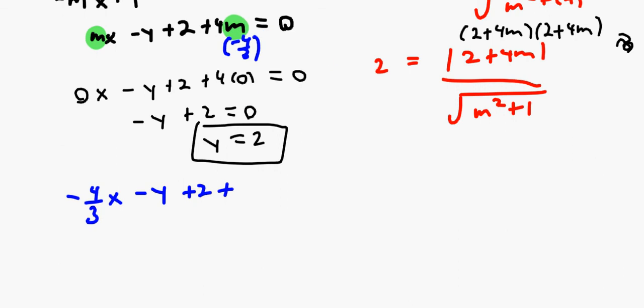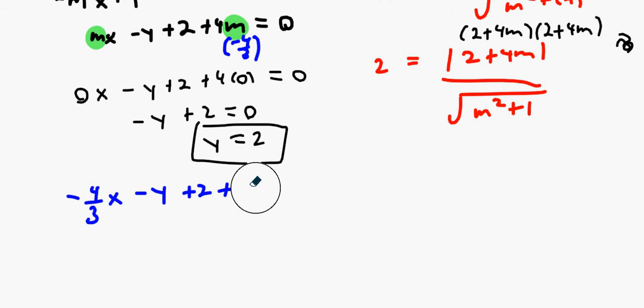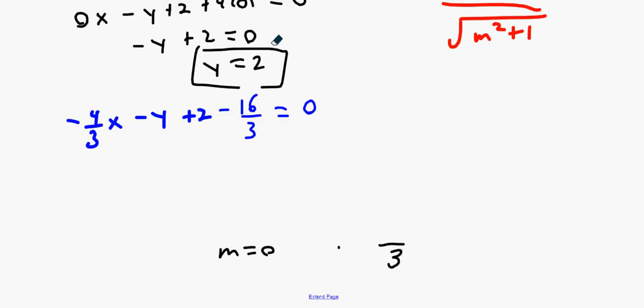Is minus 16 over 3. Minus 16 over 3 plus 2. Okay. Give everything a common denominator of 3. So we're going to get minus 4x, or just multiply across by 3.